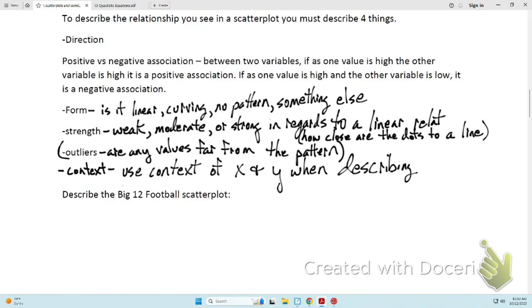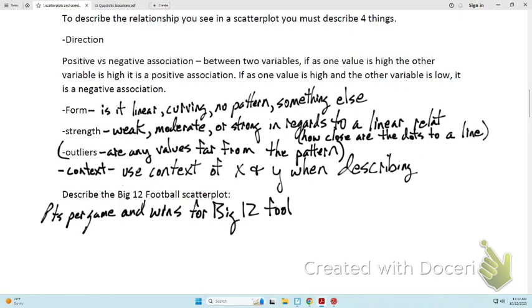So like when I'm talking about the Big 12 scatter plot, I would say points per game and wins for Big 12 football show a positive.